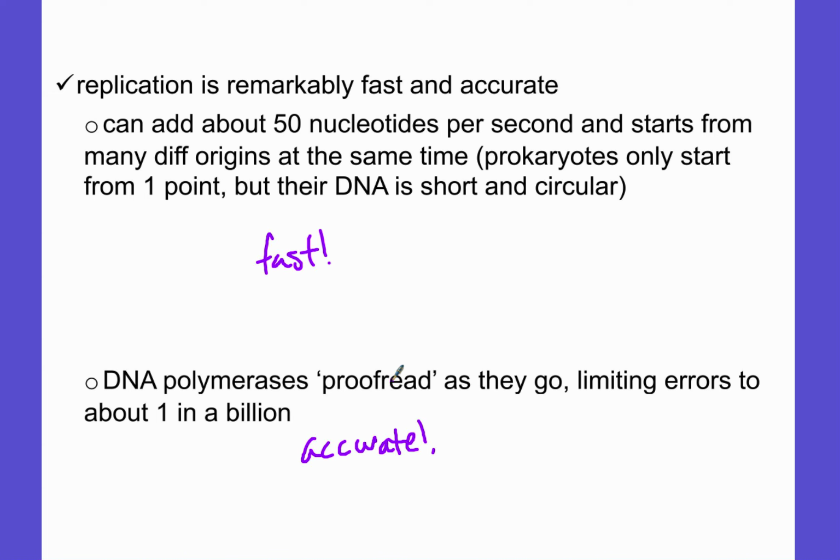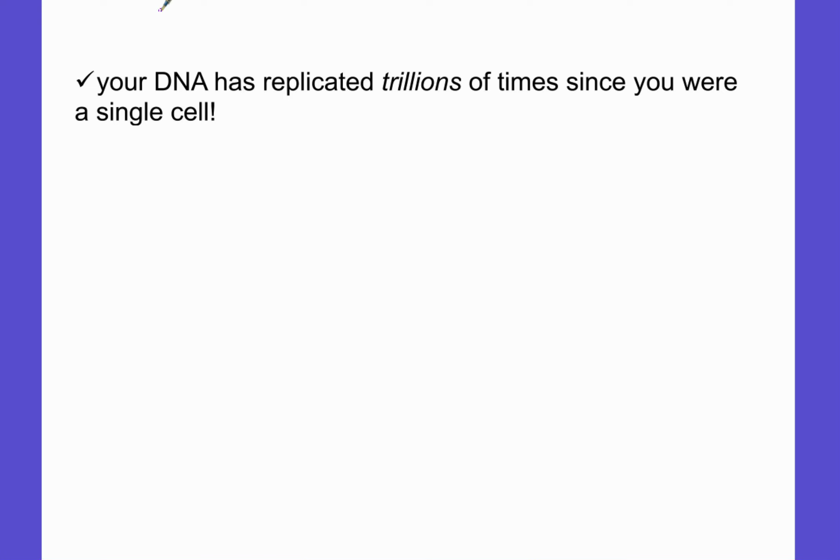And I'm talking continuously, so no sleep. You just got to type for 20 years straight at 60 words per minute. You'd only make one error. That's what this is the equivalent to. And that's just insane how accurate that is. But it makes sense because you can't bring in the wrong base. They don't fit, right? So you can't really make a lot of mistakes.